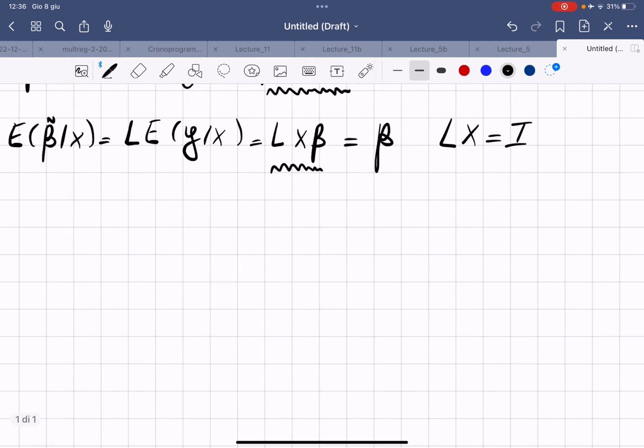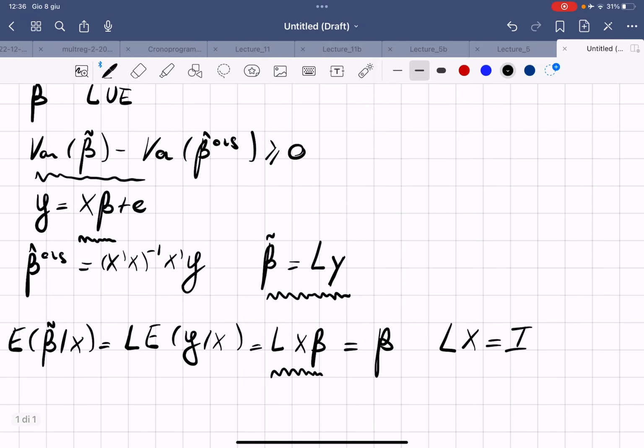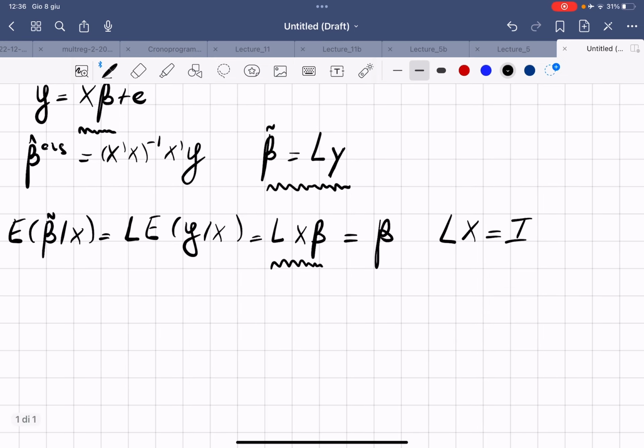Now, to derive this result, that is the Gauss-Markov theorem, we need to define another variable, that is Z. Z will be the difference between L, that is the linear projection, and X transpose X inverse times X transpose. So we are taking the difference of what is multiplying y.